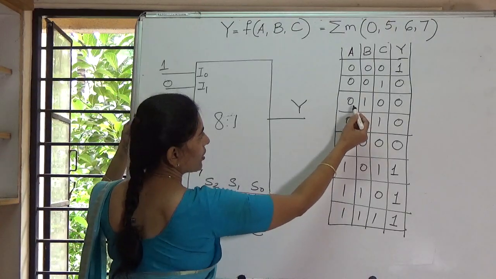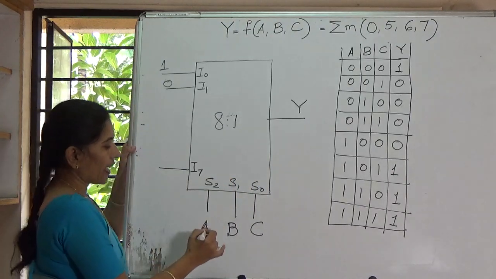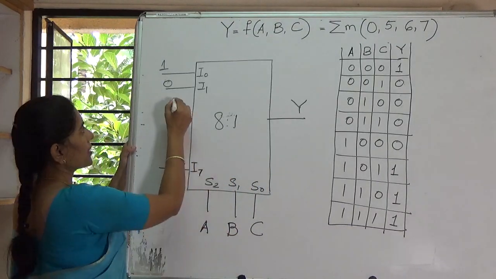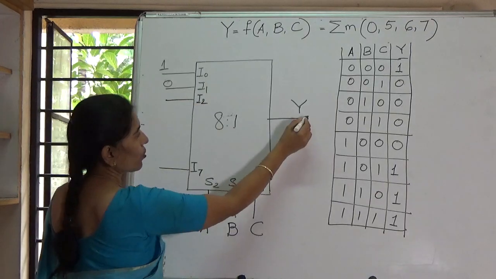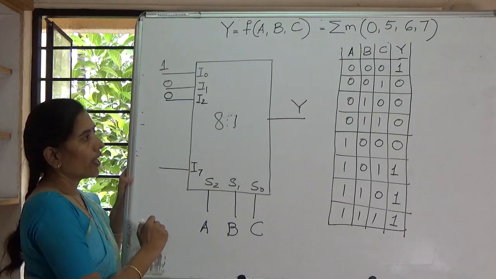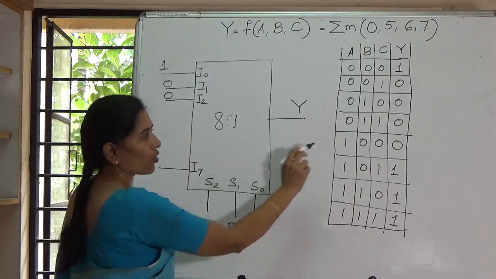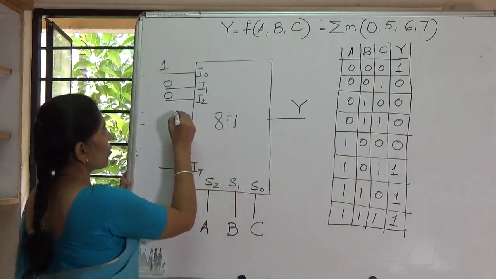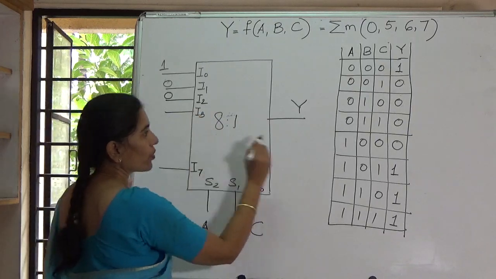Similarly, for the third combination 0, 1, 0, output Y should be a 0, and 0, 1, 0 will select the I2 line, so the I2 line should also be connected to a 0. For the 0, 1, 1 combination, output Y has to be 0, so the I3 line should also be connected to a 0.